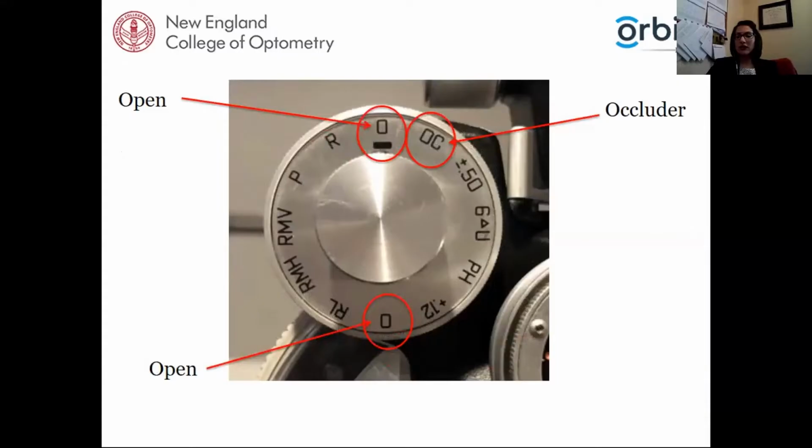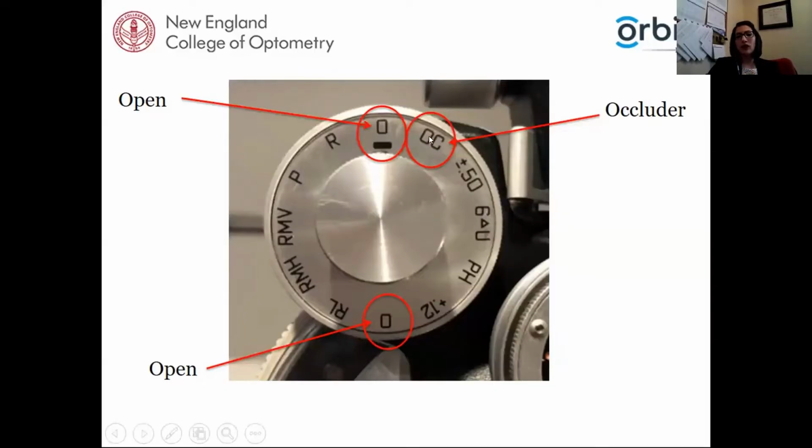This is that auxiliary knob that I was talking about a moment ago. The two components we'll be focusing on are the O here and the O here, and that means that the ocular is open, so your patient can see through that. Right next to the O for open, you'll see the OC, which means occlude.